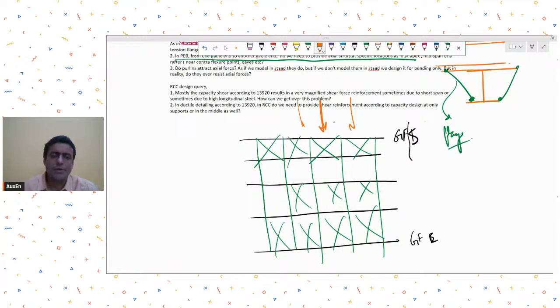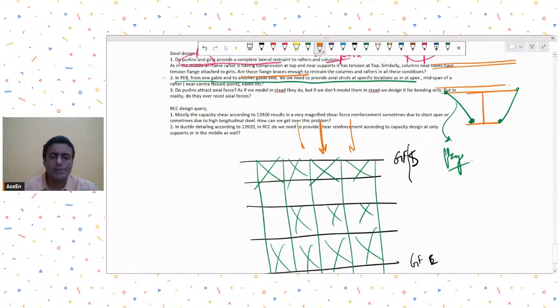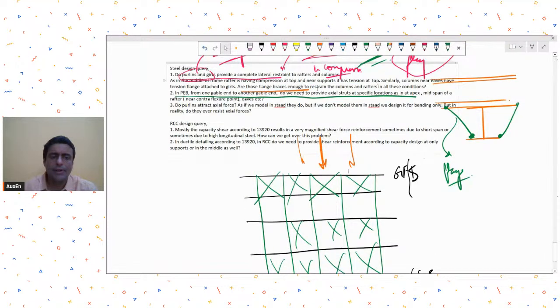But yeah, I think it's a good practice mainly in truss-like systems when you don't have rafters. For bottom chords, we do provide these axial struts. But for your rafters, you have the bottom chord and top chord both tied with purlins through flange braces or otherwise. So many of the times these PEB people don't provide anything.